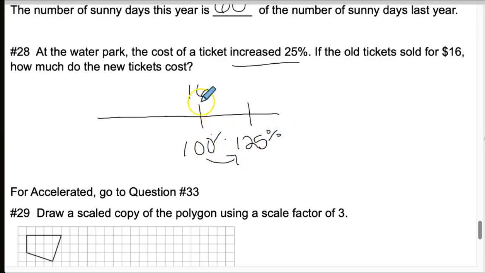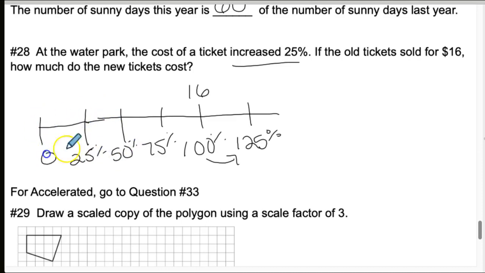That means that my marks are going to count by 25%. So go down 75, go down to 50%. Here would be 25% and 0. Between 100% and 0, there are 1, 2, 3, 4 sections.